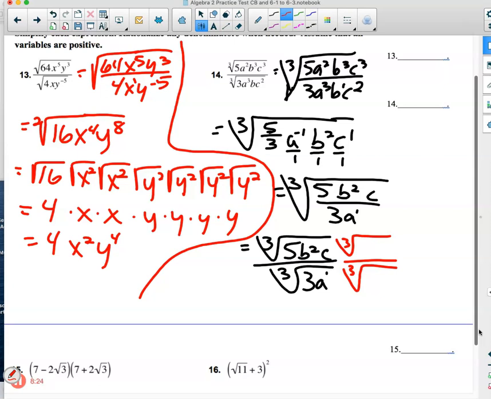Anybody? It's been too long. We need to make the power match the index. Right now, that's a 3 to the first and an a to the first. We need this to be 3 to the third and a to the third, so that when we take the cubed root, it drops right out. That means I need a couple more 3's and a couple more a's, but whatever I do to the bottom, I have to do to the top.